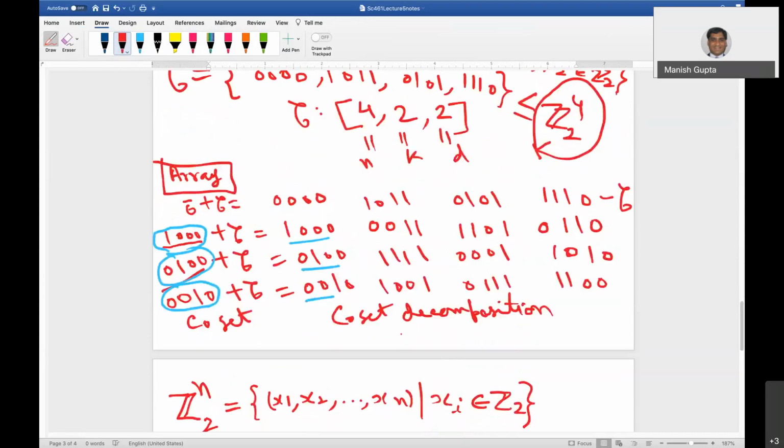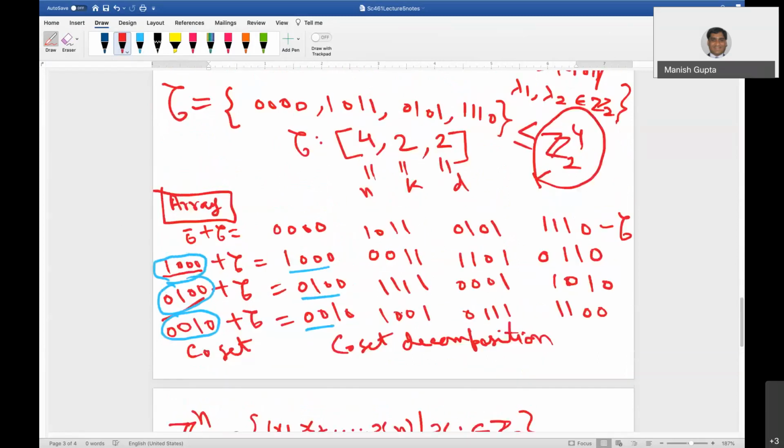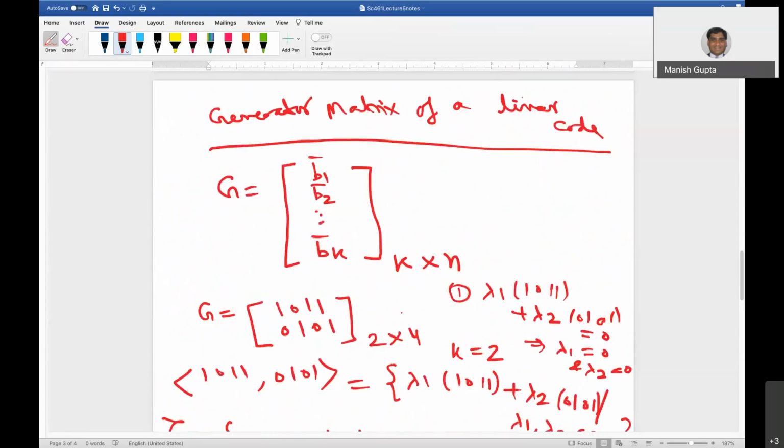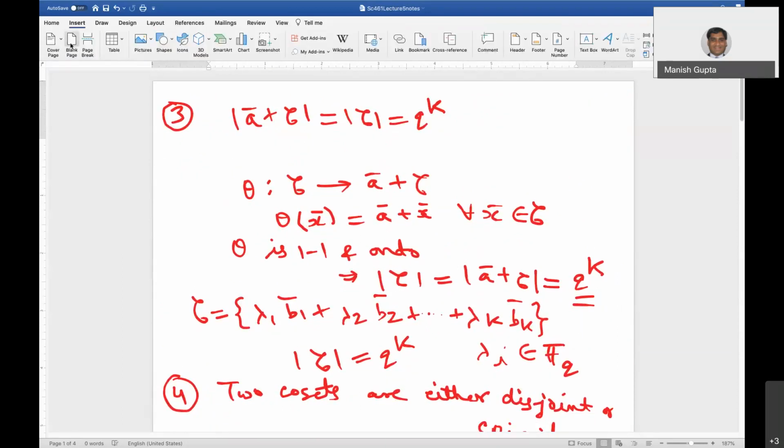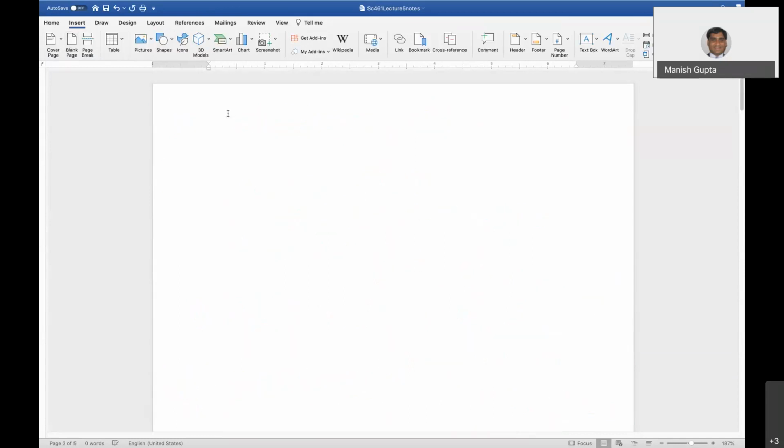Now, finally, whatever we observed in this example, that if C was a code and we form the cosets with respect to the coset leaders, we get the decomposition of the whole space. We can write this down as a property. That's the last and final property.